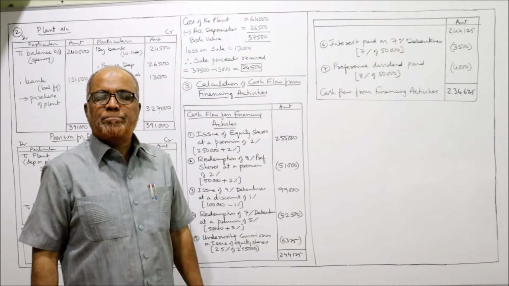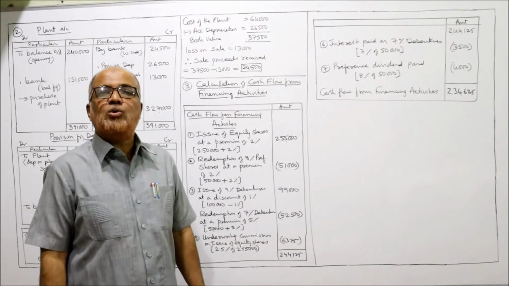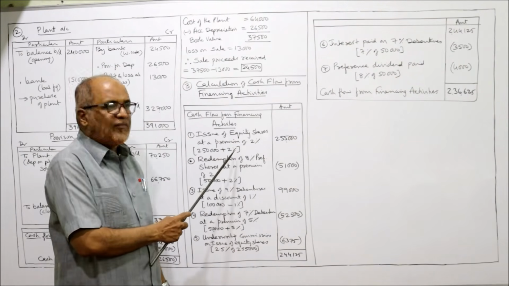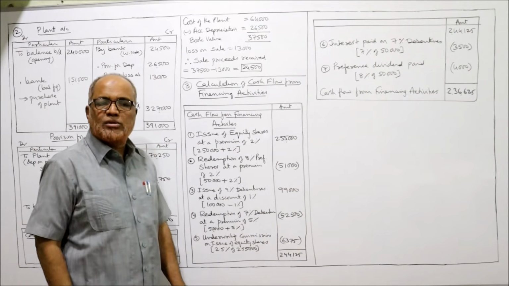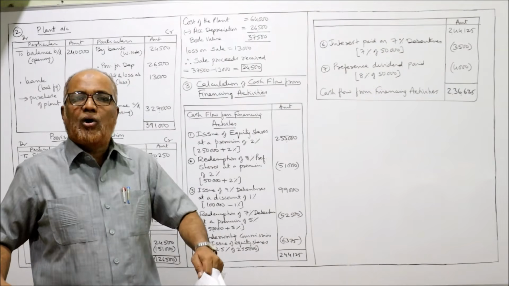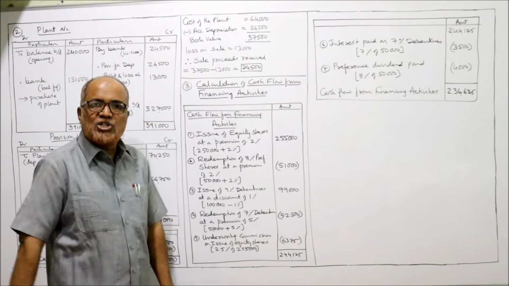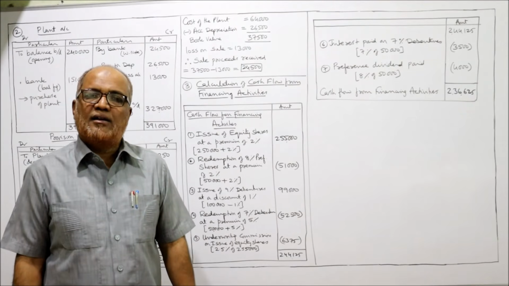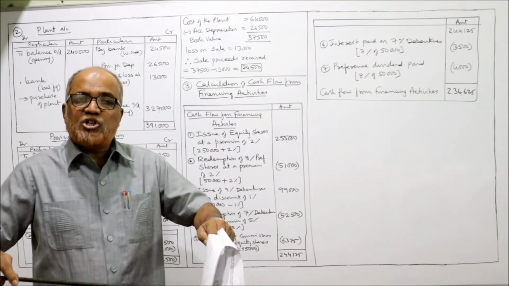Underwriting commission, that is also paid on issue of equity shares. So what is the proceed of equity share? 2,55,000. The company has received 2,55,000 on issue of equity shares. And these equity shares are underwritten. When underwritten, commission will be paid.